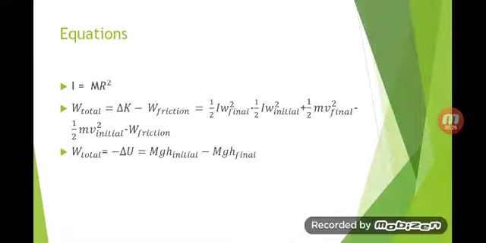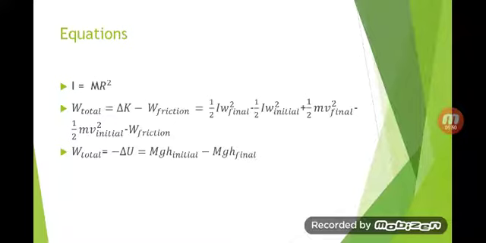Now, that's equal to 1/2 Iω² final minus 1/2 Iω² initial plus 1/2 mv² final minus 1/2 mv² initial minus work done by friction. Now, you might be wondering, why do we have two types of kinetic energy here?